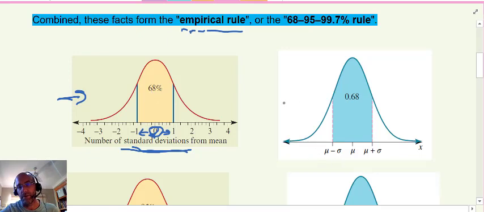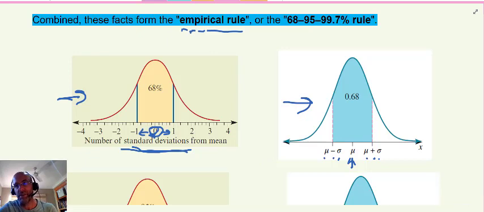Written alternatively, you can see that we have mu the mean, and the mean minus one standard deviation, sigma, and mu plus sigma, in other words the mean plus one standard deviation. And as a probability it's 0.68.